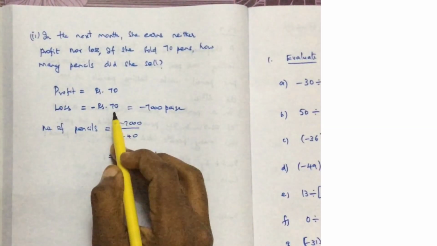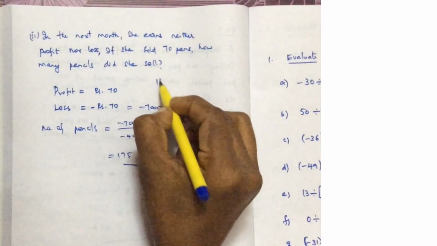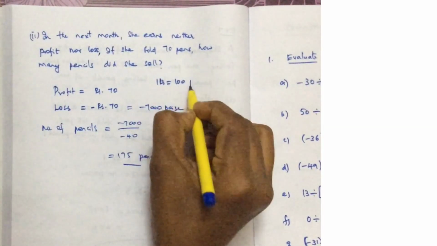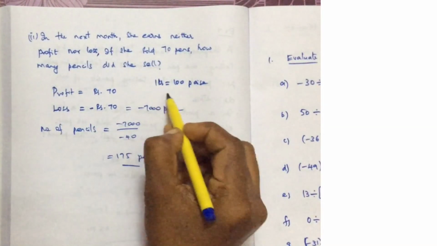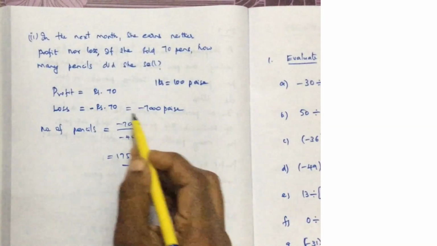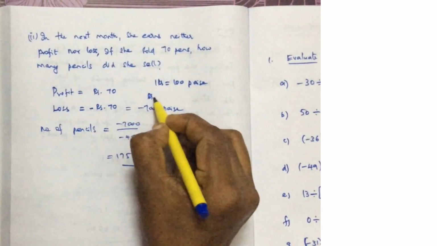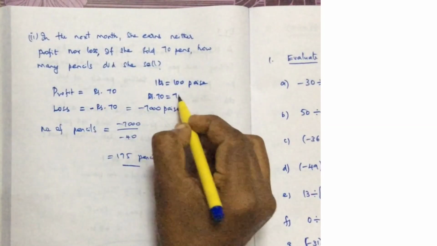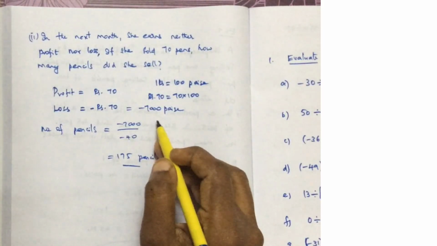Okay, so 70 rupees can be written as 7000 paise, because 1 rupee is equal to 100 paise. You have to add 2 more zeros to that, that is 7000 paise. Rupees 70 means 70 multiplied by 100, that gives 7000 paise.